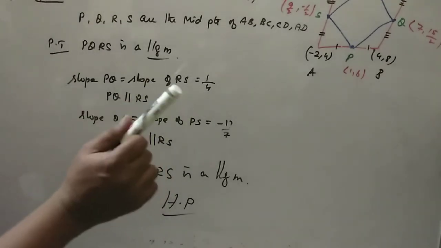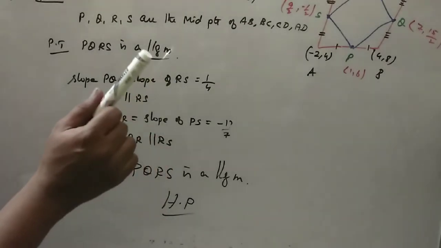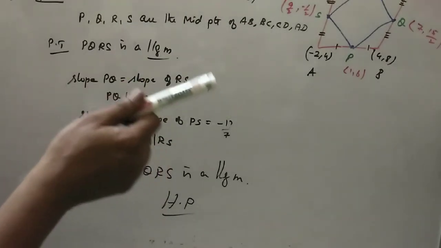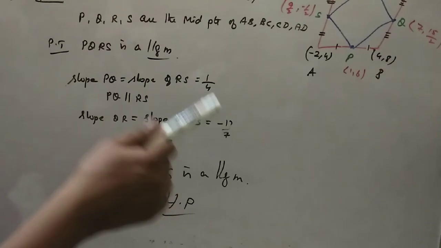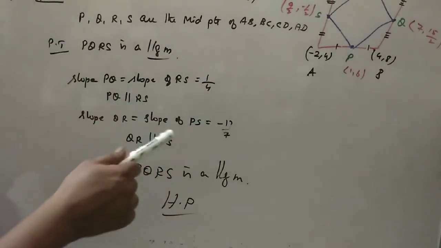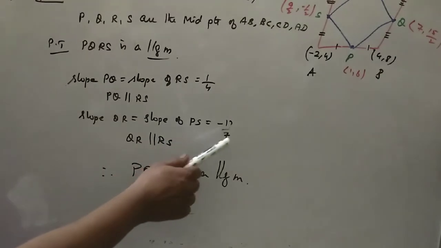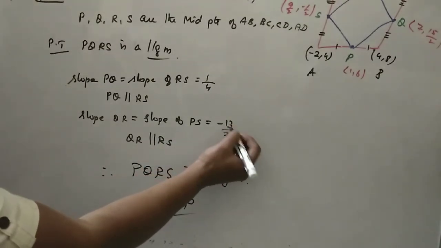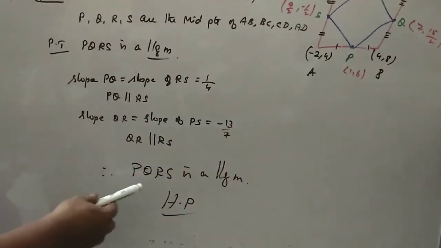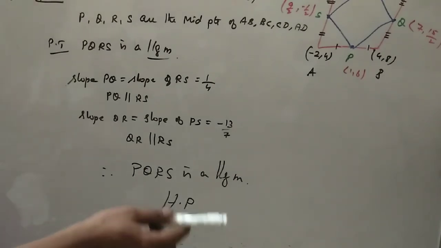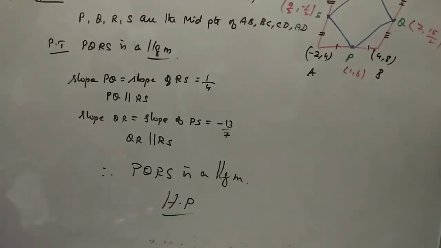And you have to see if opposite sides PQ parallel to RS, which means slope of PQ equal to slope of RS, then slope of QR equal to slope of PS. Therefore, you can say PQRS is a parallelogram. Okay.